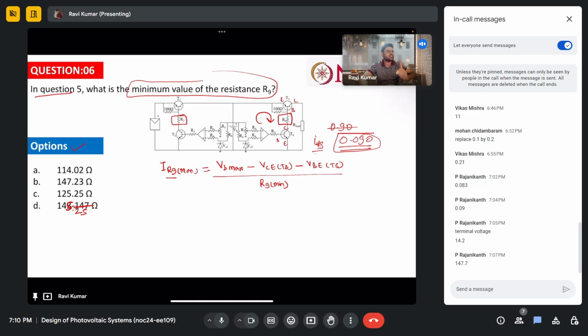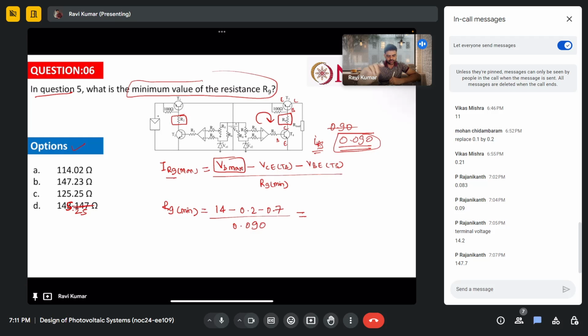But only one thing is there. Here it is not PV, it is VB max, and VB max is what? So R9 minimum will be equal to VB max, which is 14, minus 0.2 minus 0.7, divided by 0.090. So this will be the value of this.